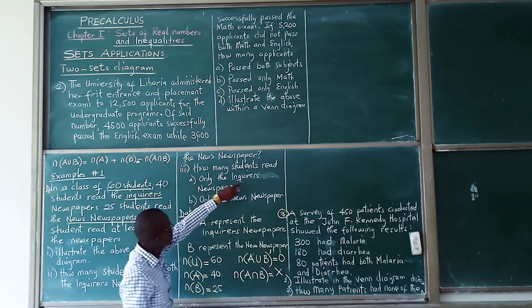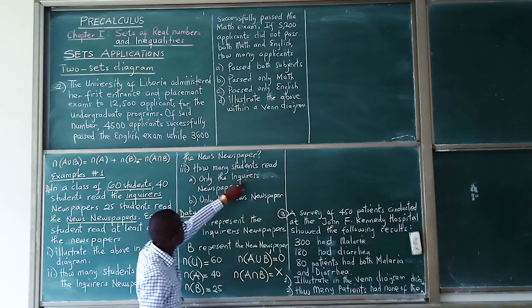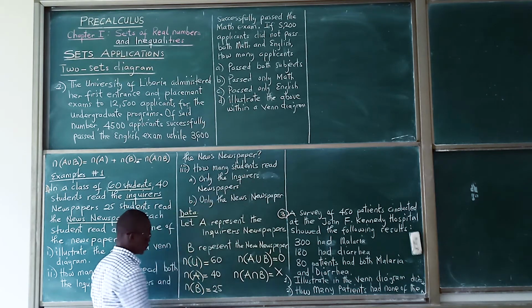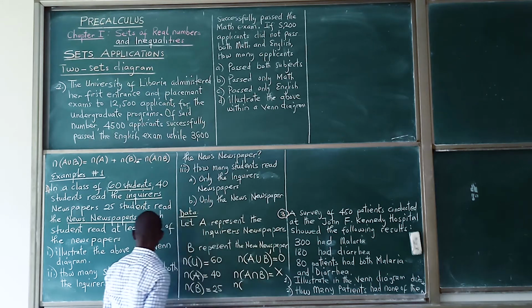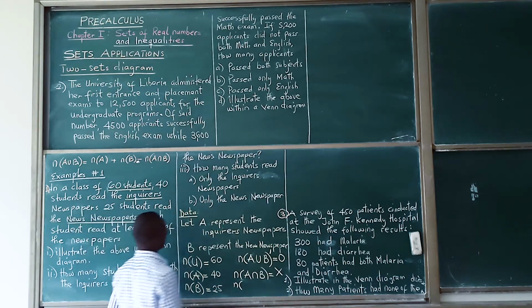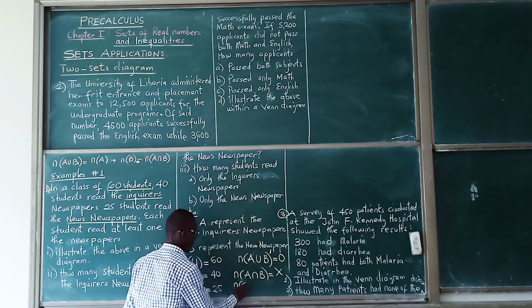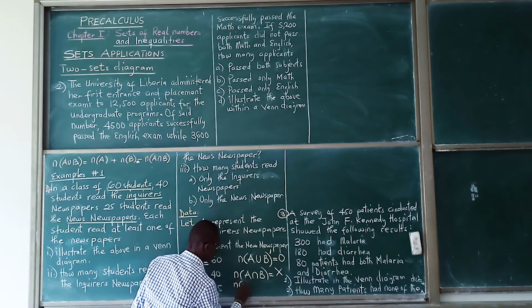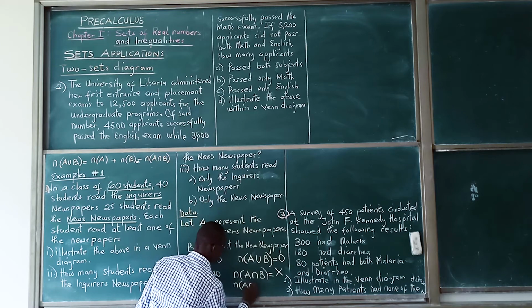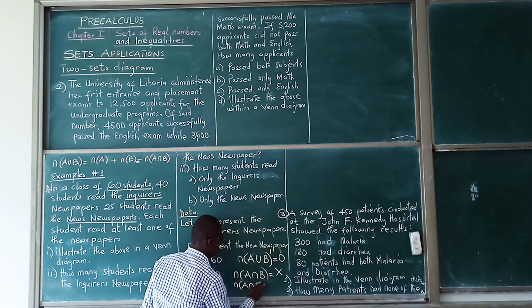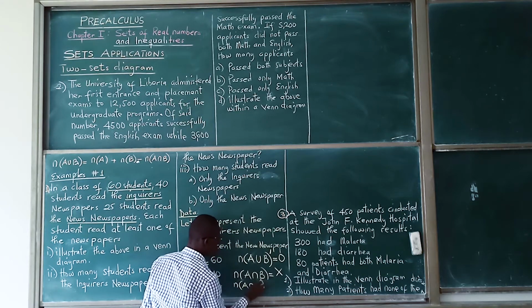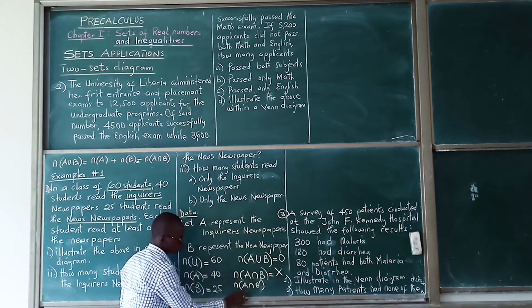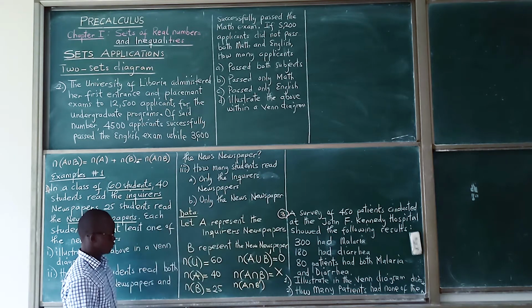How many students read only Inquirer newspapers? So from the explanation we told you from the beginning, when it is only a particular set, like only Inquirer newspapers, it's like A intersect B prime, because we do not want to include B. We only want to know those students that read only this newspaper.